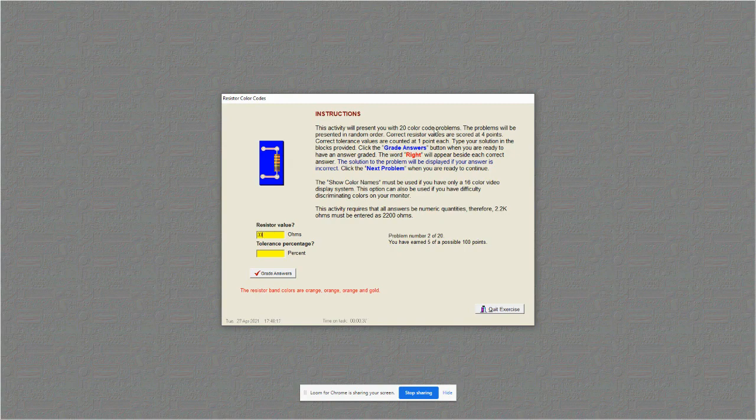Orange is 3, so 3 and 3, and then 3 zeros, and then gold, 5. One more example. Red, violet, so 2 and 7. Orange, 3 zeros, and none, which is 20. So that's how you do the color codes.